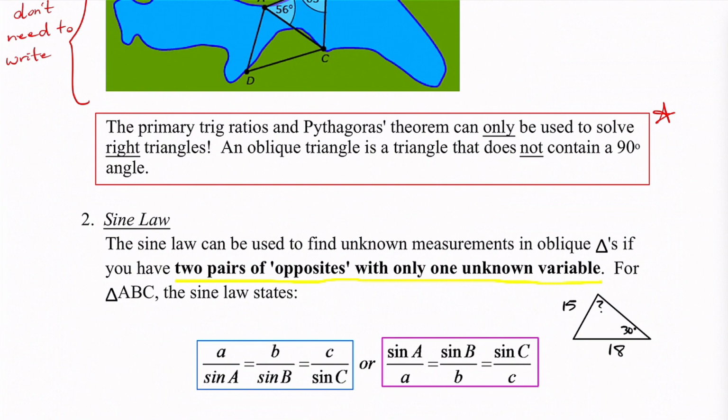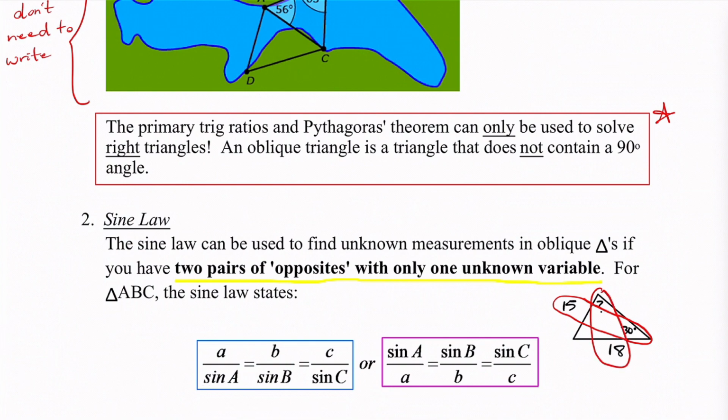In that triangle, I have a matching pair. I have 15, and across from it is angle 30. So I'm going to circle those as a matching pair, and we're going to do this too when we actually go to solve questions. Then I have this question mark and the 18 as a matching pair, since they're across from each other.